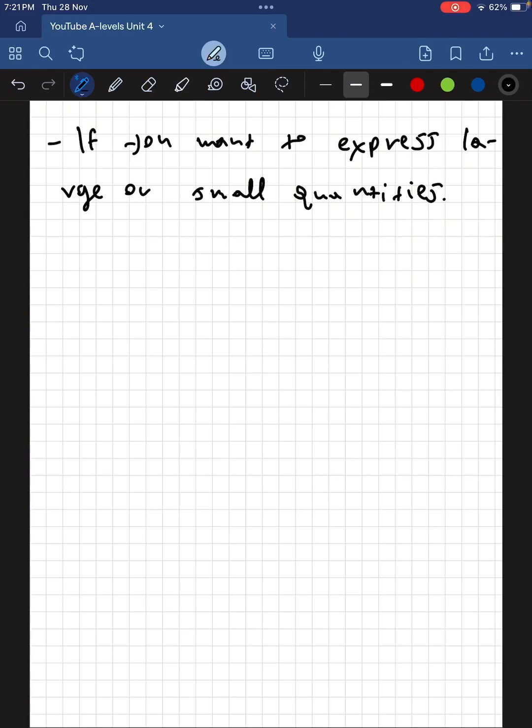So 10 to the third is called kilo. 10 to the sixth is called mega. So for example, 1 megajoule is 10 to the 6, 1 million joules.